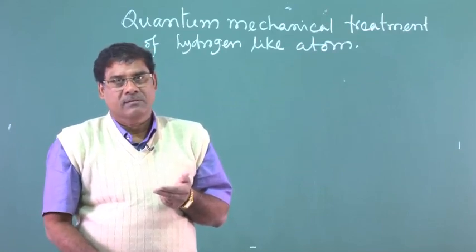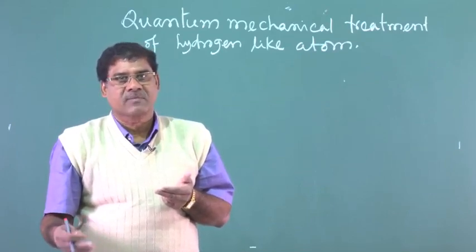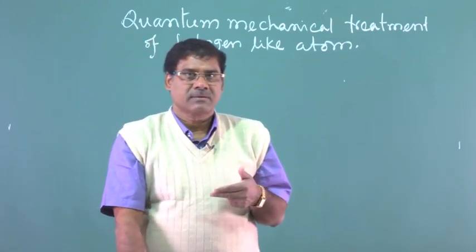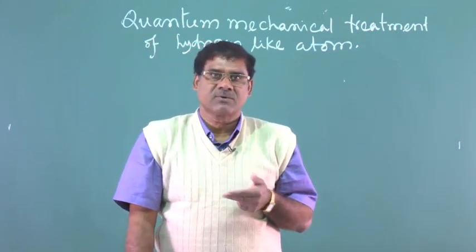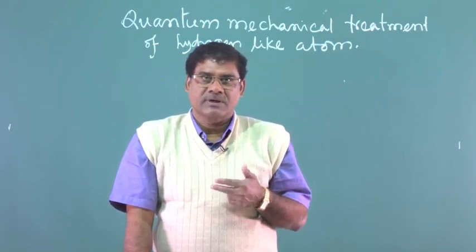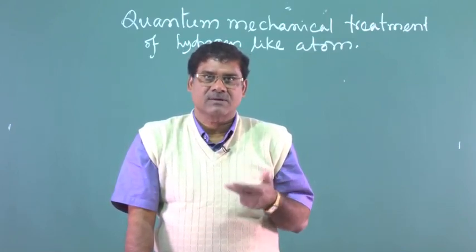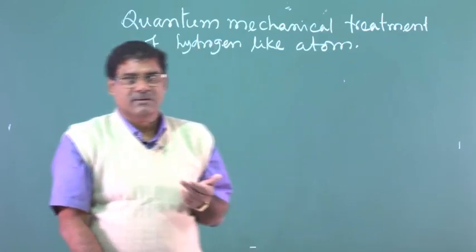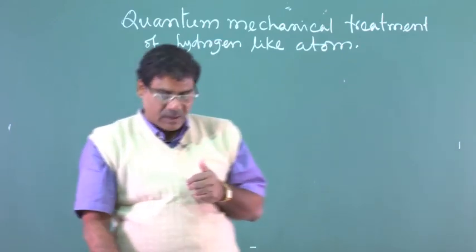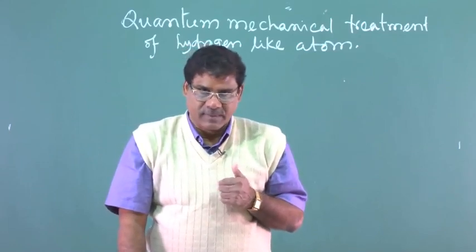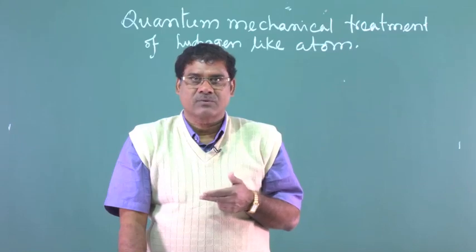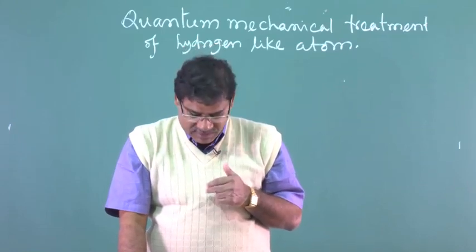The Bohr model gives the radius of the orbits, but whether we get similar information from the Schrodinger solution for a one-electron system, or hydrogen-like atom, we have to wait. In the next class I am going to tell about this.